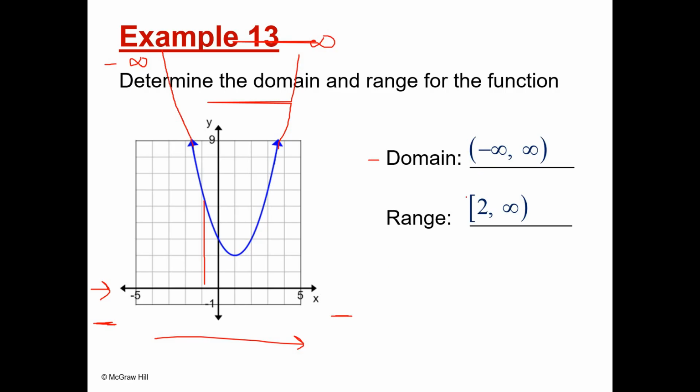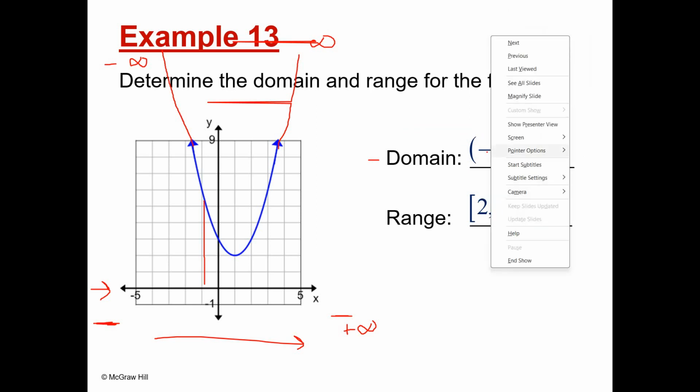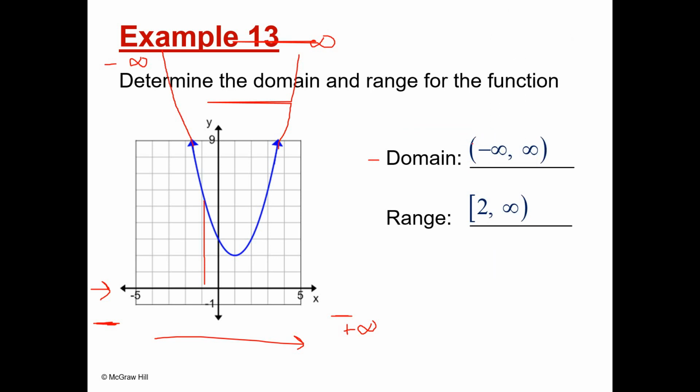Infinity is a very, very big number, and minus infinity is a very, very small number. A parenthesis means that minus infinity is not included and plus infinity is not included.